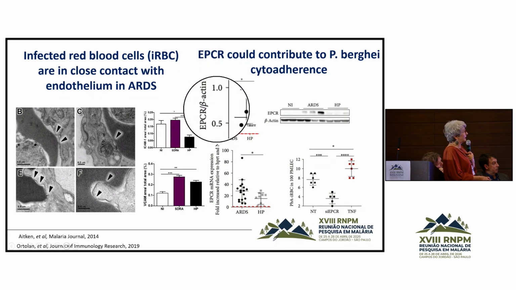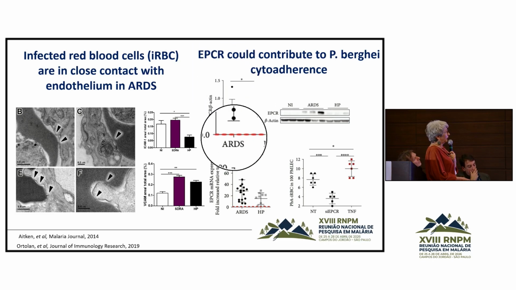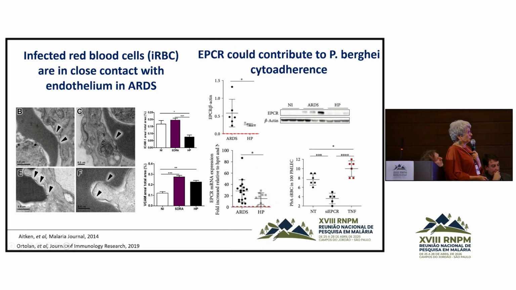They are in greater expression in the animals developing ARDS than those who do not develop. And here we also observe EPCR, which was underexpressed in animals developing ARDS compared to those who do not develop, concerning protein and genic expression.